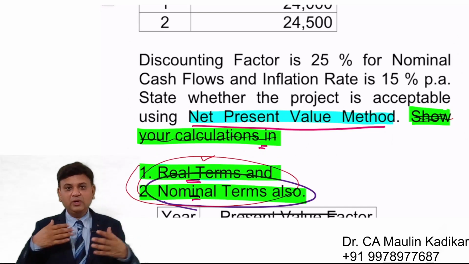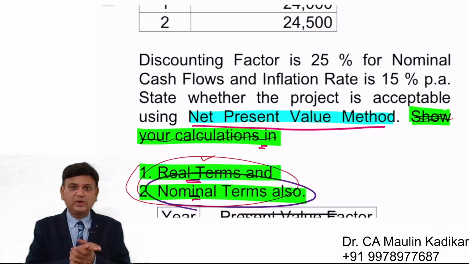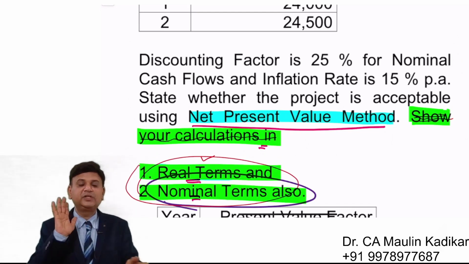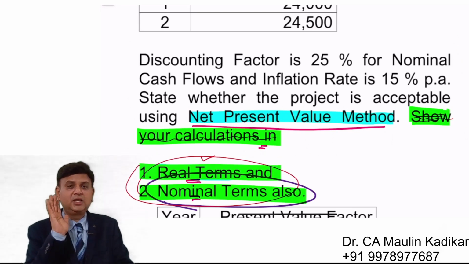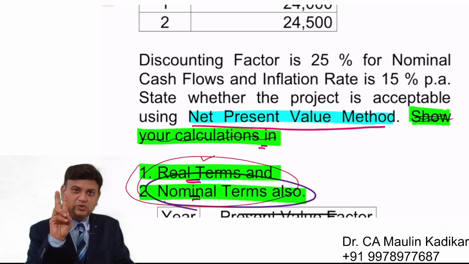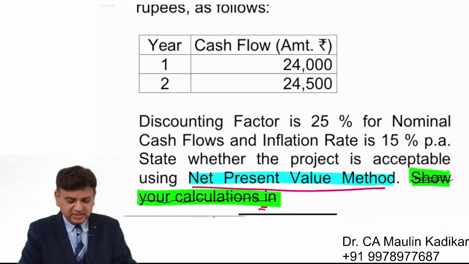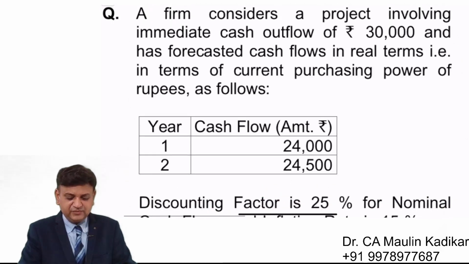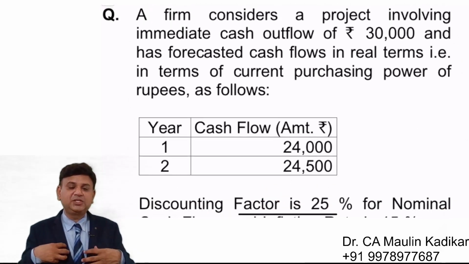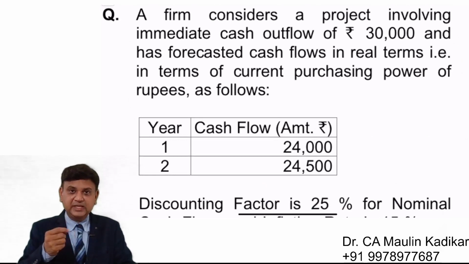You have to decide which of the two methods you will use. Adopting either approach will lead you to the same answer and the same conclusion. So if nothing is specified, you have to take a decision on how you will make the calculation.